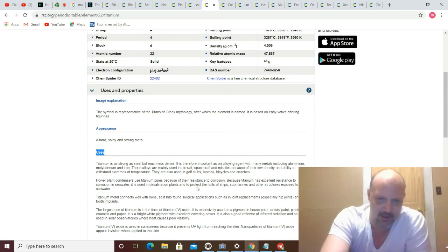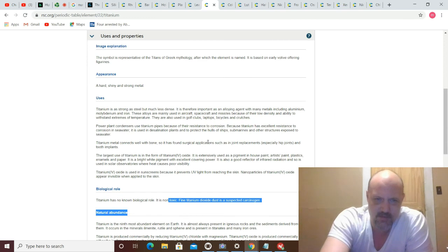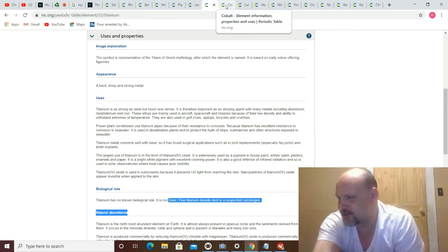It's found in surgical applications, spacecraft, aircraft, missiles, and also sunscreens. No known biological role, non-toxic. And it can withstand high heats. It says it up here with the spacecraft, because it can withstand extremes of temperature.